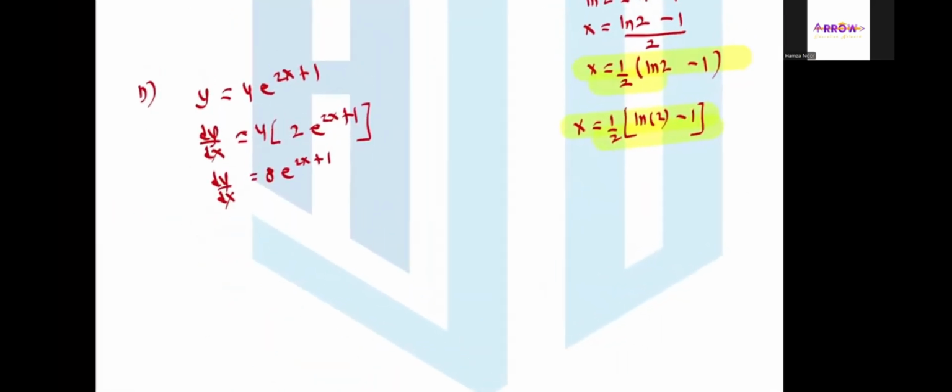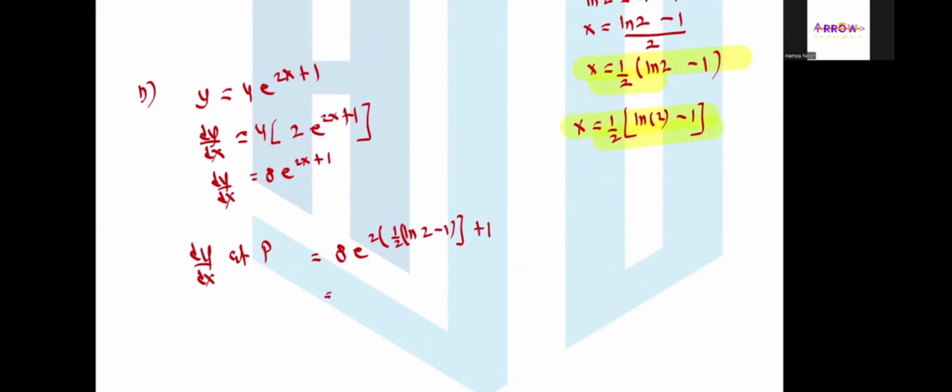So we are going to say that dy over dx at point P will be 8 times e raised to the power of 2 times half ln 2 minus 1, and then plus 1.